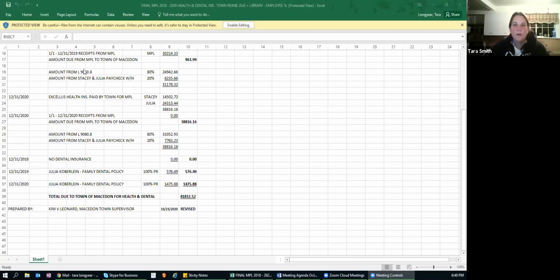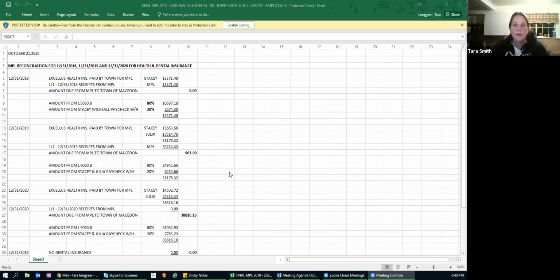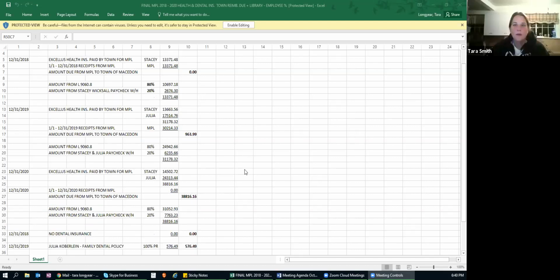So here is a file that Kim had sent over. And it looks like Stacy and Julia have some monies that are deducted out of their paychecks for health insurance and dental.